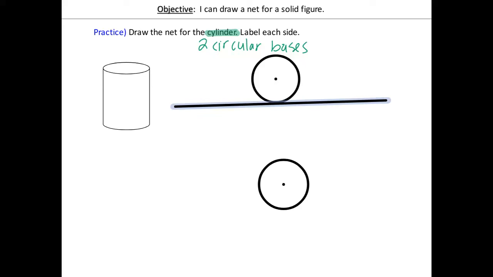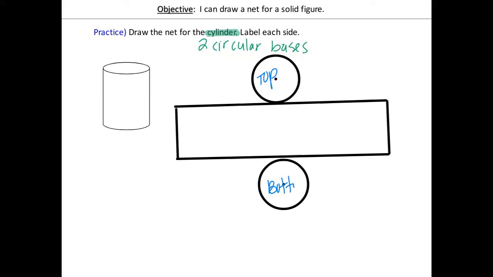Probably not that long, but it's okay. But that does kind of look like the division sign. I've never thought about it that way. Okay, so then my bases right here, this is the top, this is the bottom. And then the long rectangle, this is just the side of the cylinder.